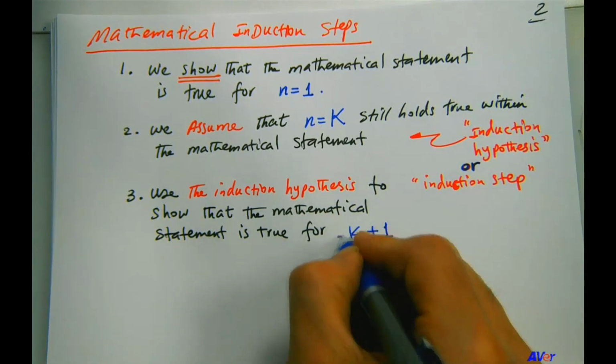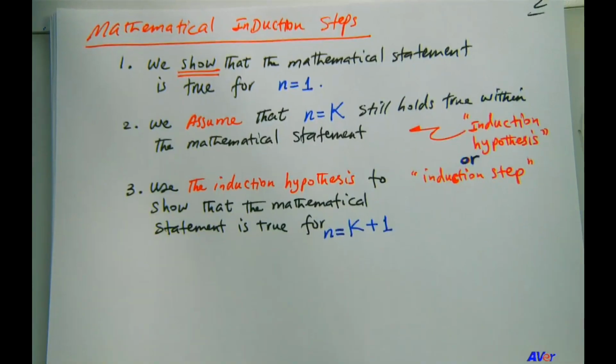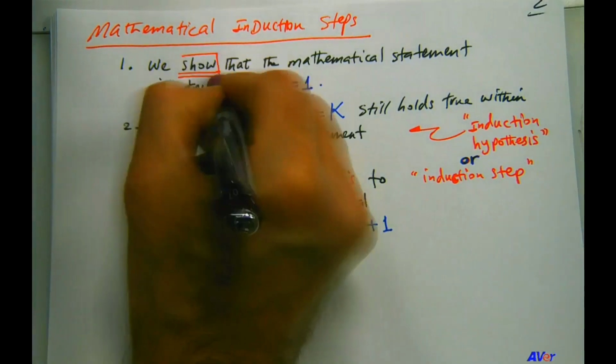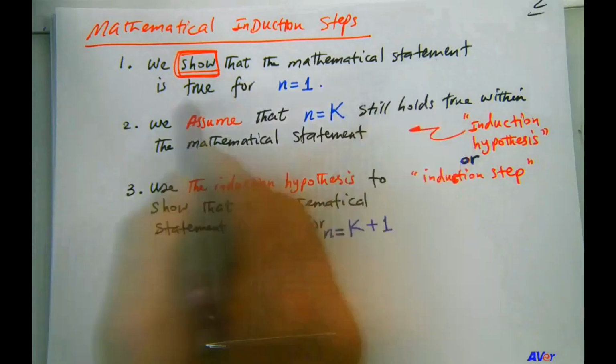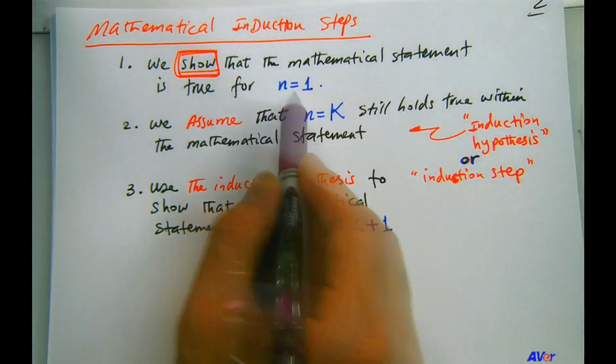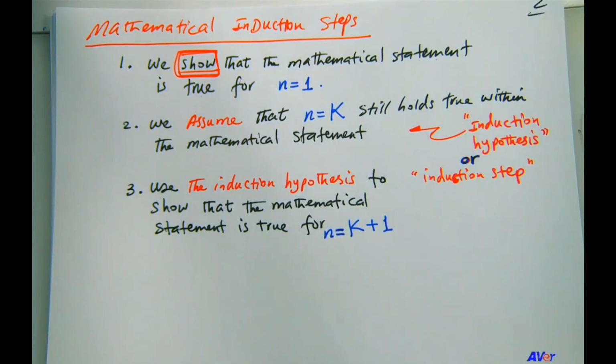Okay, for n equals k plus 1. So very important, we show that the mathematical statement is true for that. So that means we plug in for n with 1 and we show that the equation holds true.